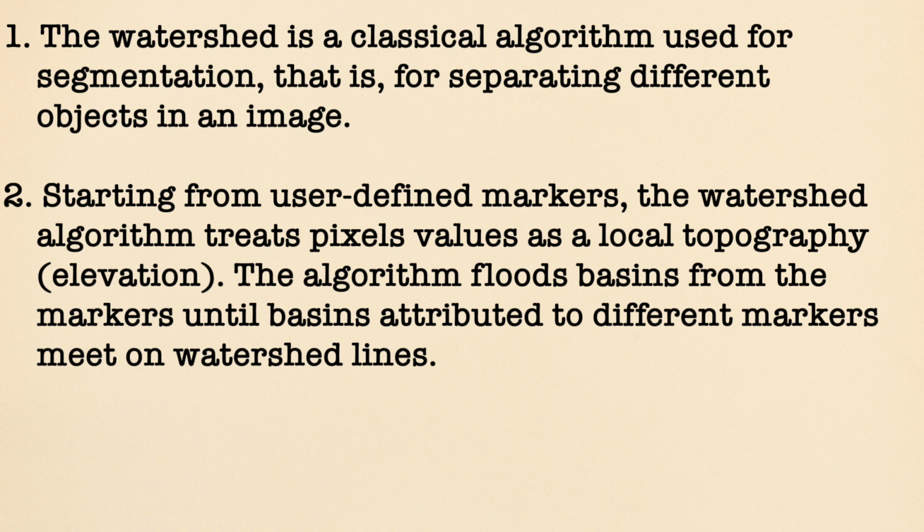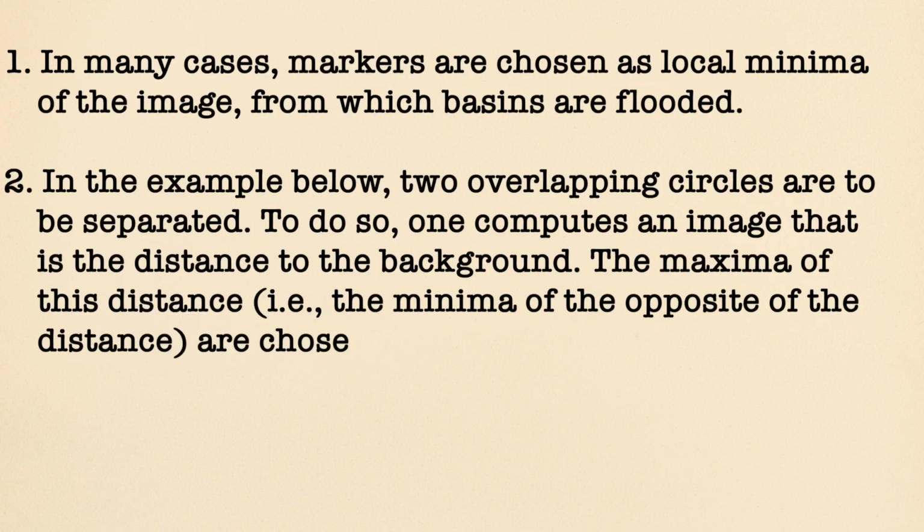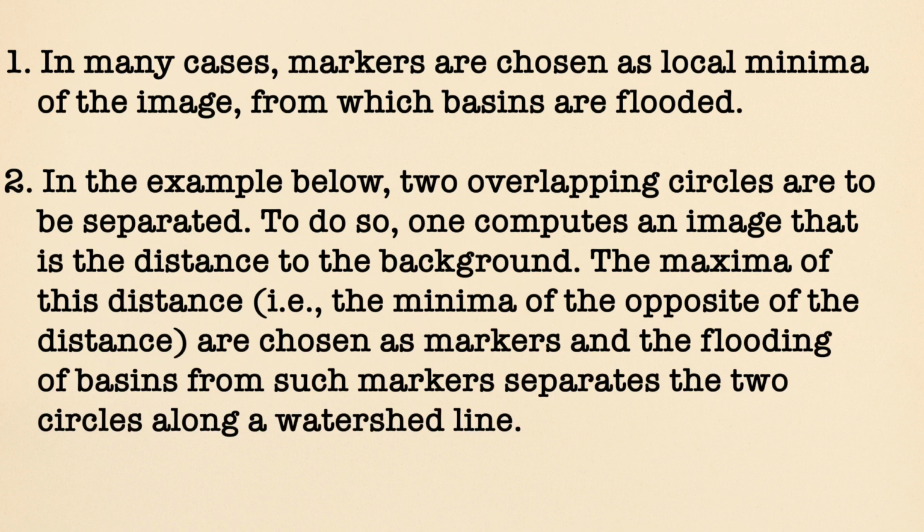The algorithm floods basins from the markers until basins attributed to different markers meet on the watershed lines. In many cases, markers are chosen as local minima of the image from which basins are flooded.